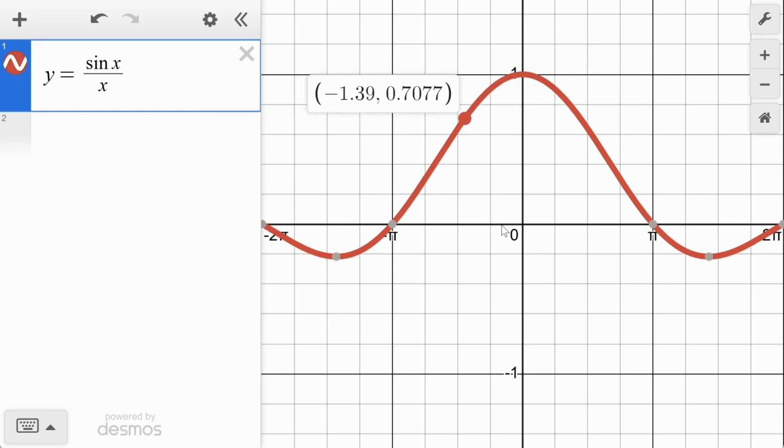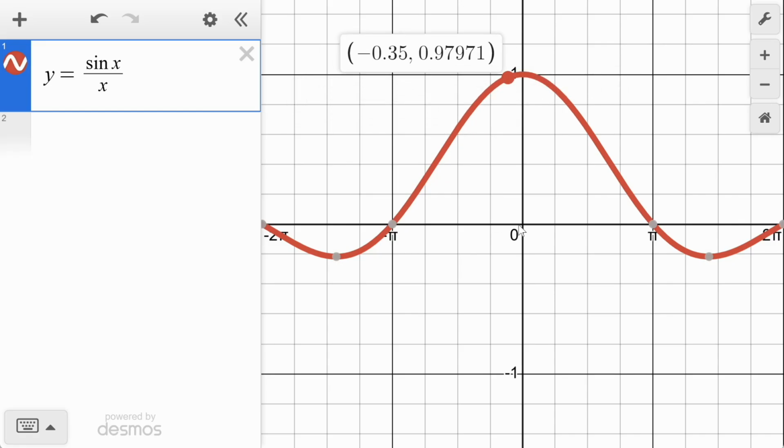So as you get near the x value of 0, the y values up here are getting near 1. As you approach from the right side, as the x values approach 0, the y values approach 1. That's what you're talking about when you're talking about limits. It doesn't have anything to do with what's happening at the point. At the point, it's undefined, but as you approach the point, the y values are headed for 1.